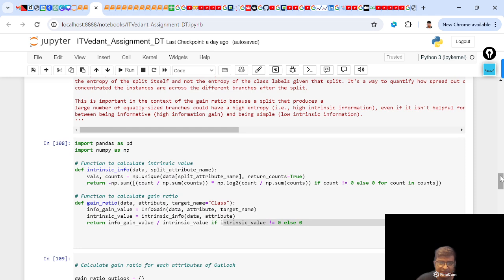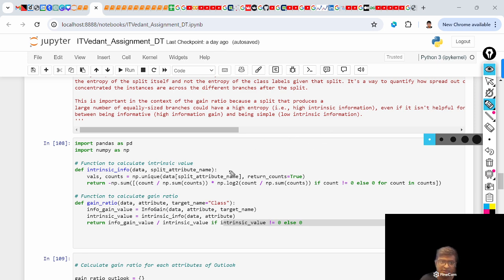So what we have done is very simple. This split entropy is also called intrinsic info. So I created a function called intrinsic info, passing the data and the split attribute name, and finding out the unique elements.